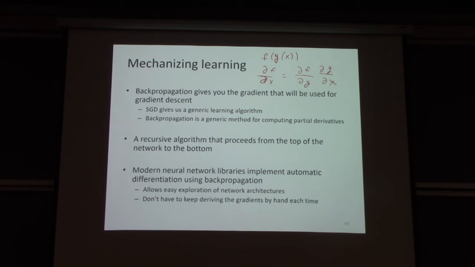If backpropagation did not exist, you'd have to rederive everything from scratch, and that's a painful process. Because we can do this automatically, we've seen this explosion of exploration of network architectures, and you get these crazy networks that are 150 layers deep and have interesting connectivity patterns. And the reason this works is because we don't have to keep deriving the gradients.